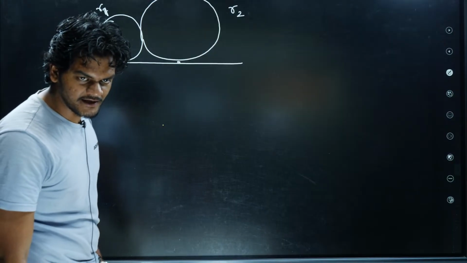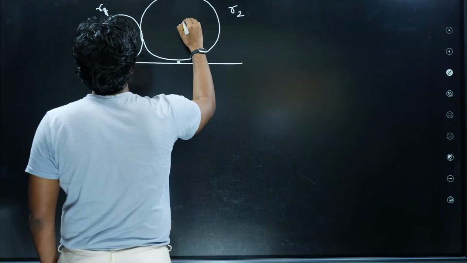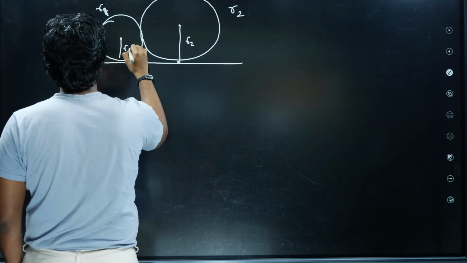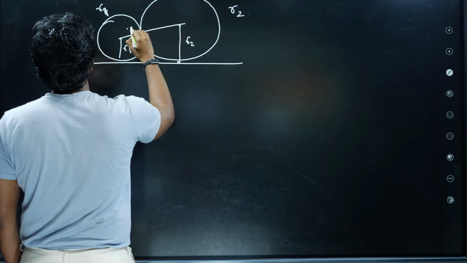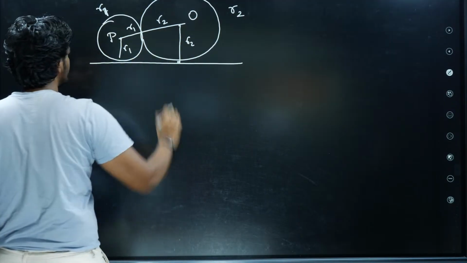Yes, Sailesh, you are correct. So this has center here. This is R2, this is R1, and this happens to be R1 plus R2. So let's say this is O, this is P.